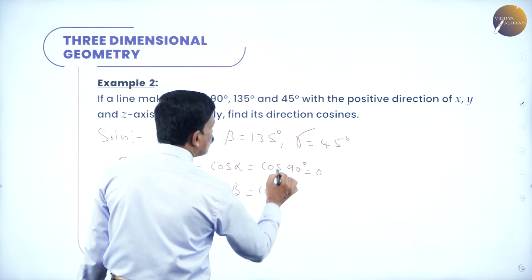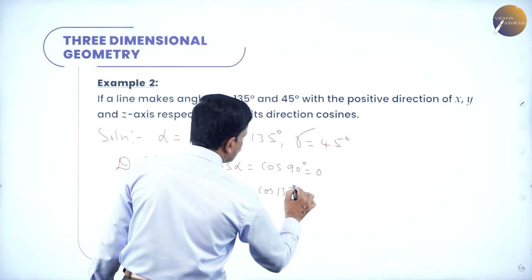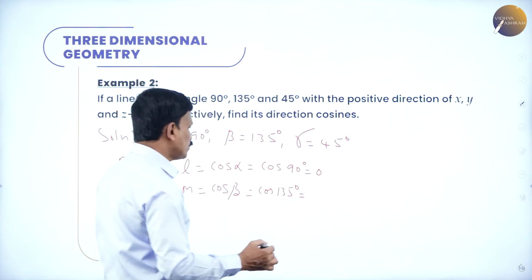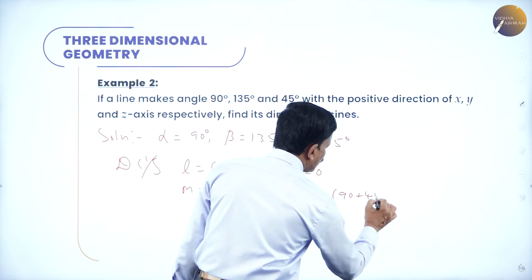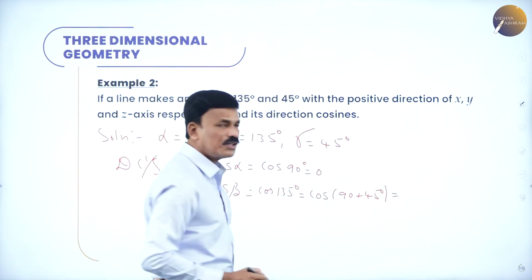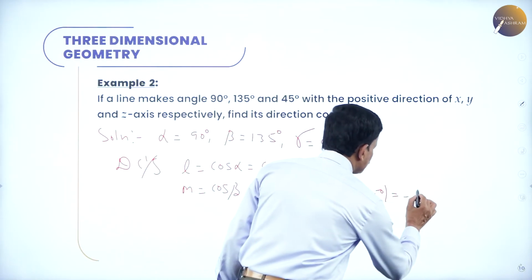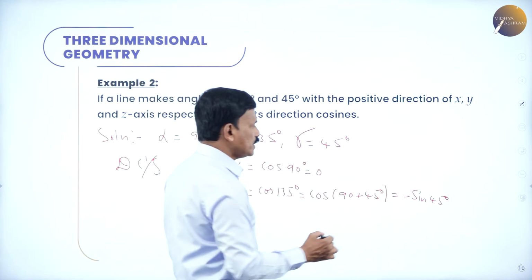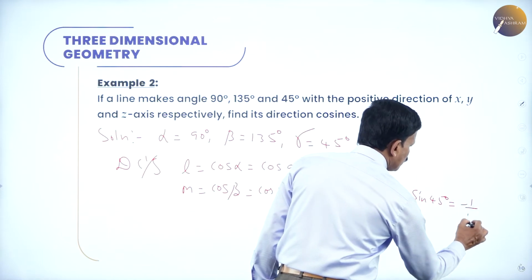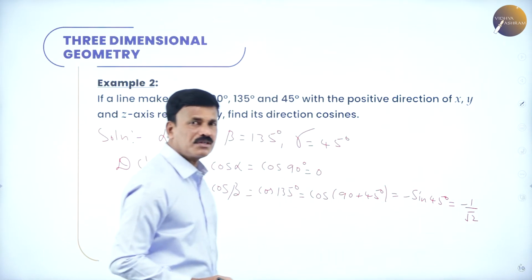Again, M is equal to cos beta, that is cos of 135 degrees. This is an allied angle. You can write this as 90 plus 45. Cos of 90 plus 45 is minus sin 45. This is in the second quadrant, cos is negative: minus 1 by root 2. Sin 45 is 1 by root 2.